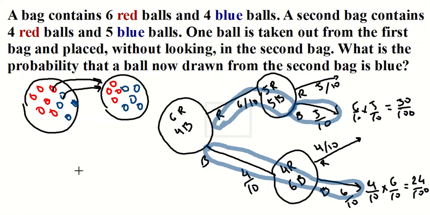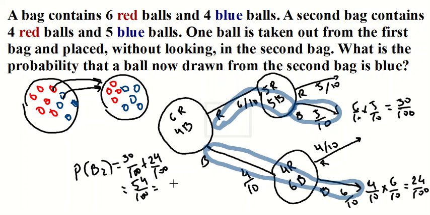So the probability of selecting a blue ball from the second bag, we can just add these two quantities here. It will be 30 by 100 plus 24 by 100, so it gives us 54 by 100, which is just 0.54.